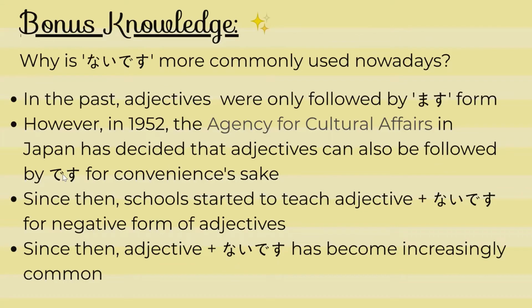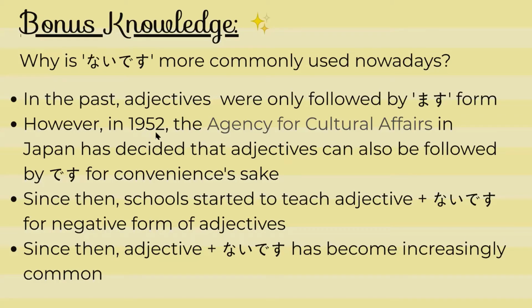So, on this slide, I would like to share with you some historical background of why the ないです form has become more commonly used nowadays. In the past, adjectives were only followed by the ます form, which means ありません was the only form that was used.